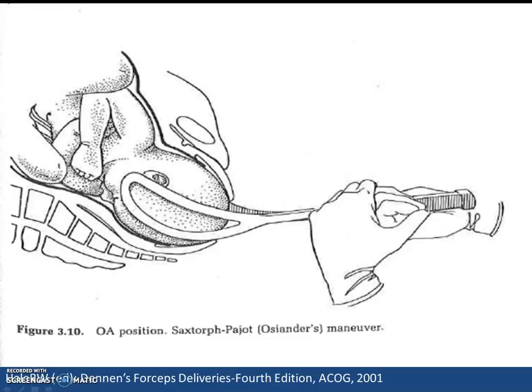The Saxe-Torpin-Pajot maneuver, as shown here, involves the left hand exerting traction in a downward direction, while the right hand is exerting traction outward, such that the overall traction may be, let's say, 30 or 40 degrees in a downward direction.